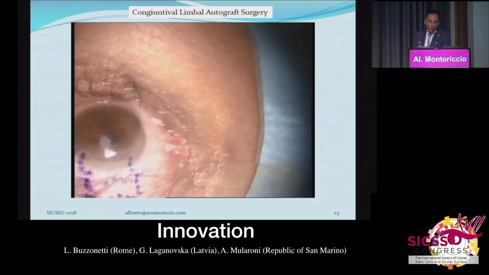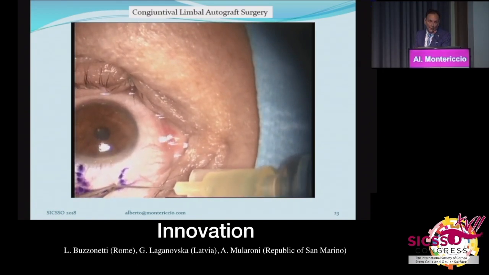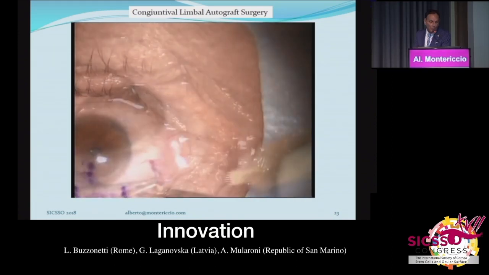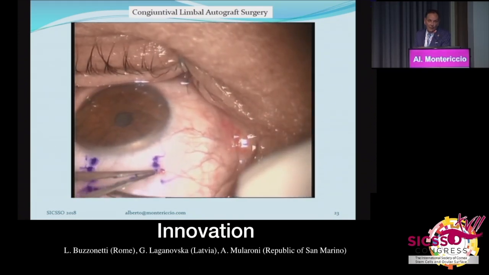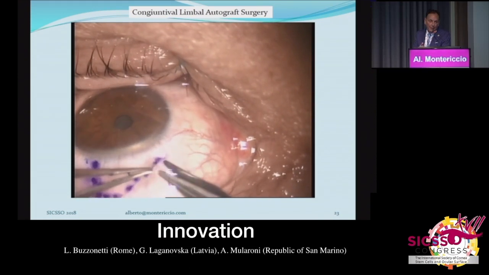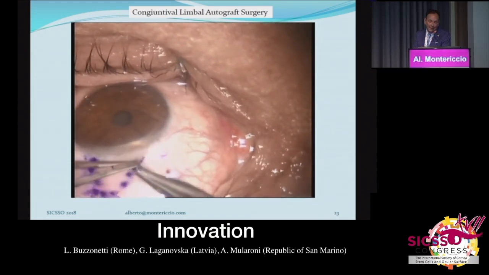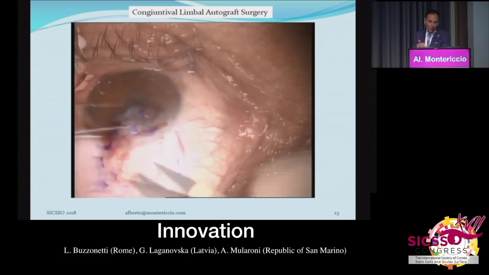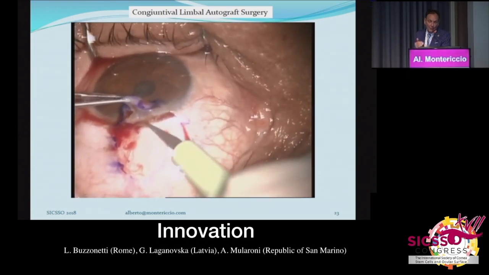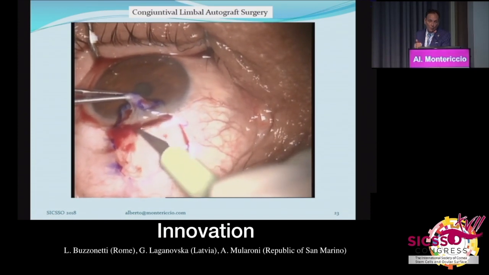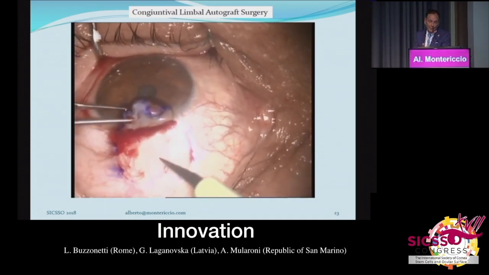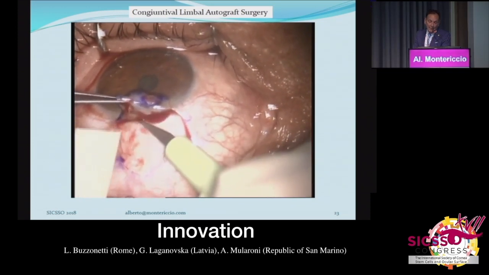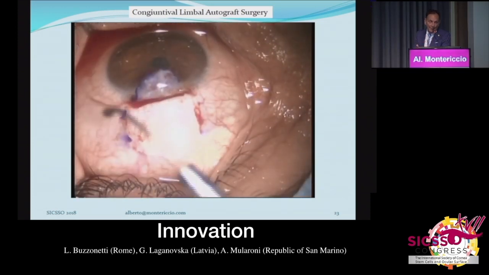So this is the simplest technique. This is the fellow healthy eye. So no special anesthesia is necessary here. A subconjunctival anesthesia is enough because we need to harvest part of the conjunctiva. Because, as I was saying before, the stem cells are not only to be found within the limbus, but we should also harvest the ones which are placed at the conjunctiva.